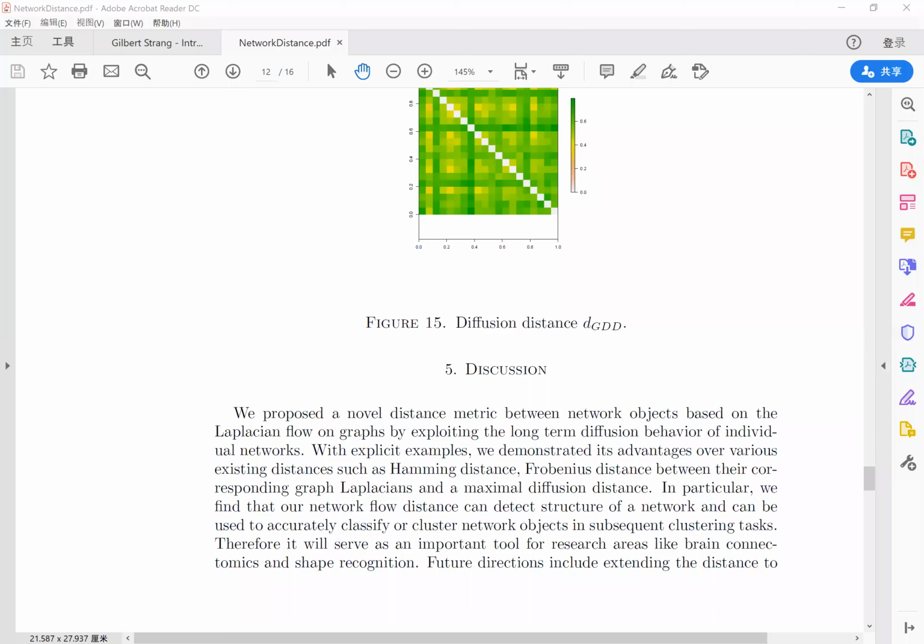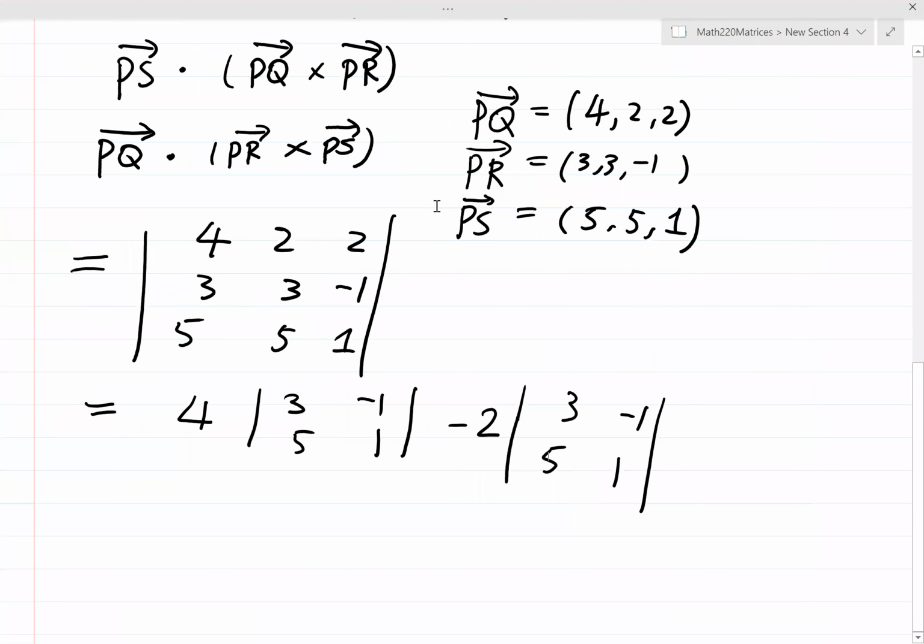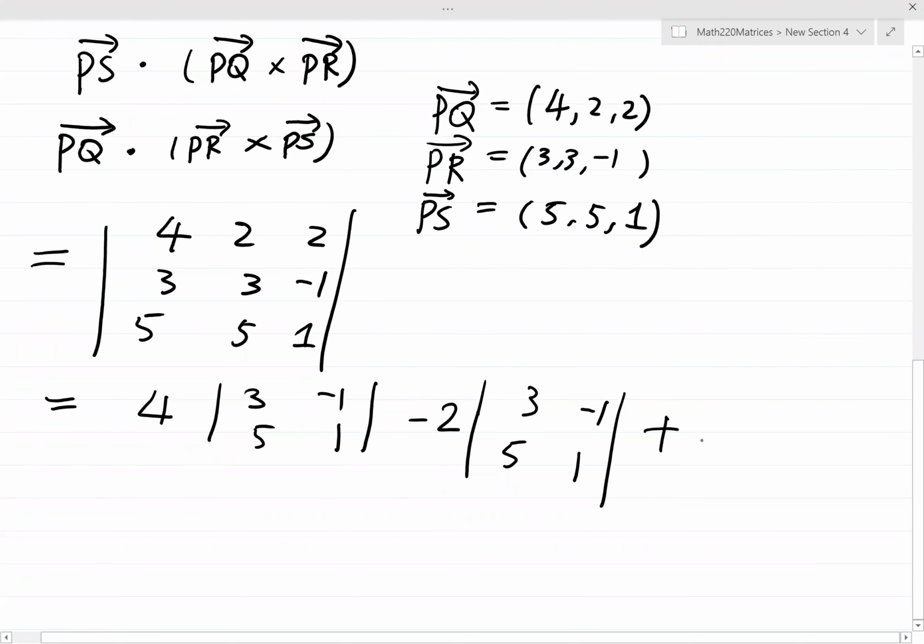Now the second entry: minus 2 times, delete the second column and first row, and the remaining thing will be 3, -1, 5, 1. Then we add 2, and the remaining thing will be 3, 3, 5, 5.